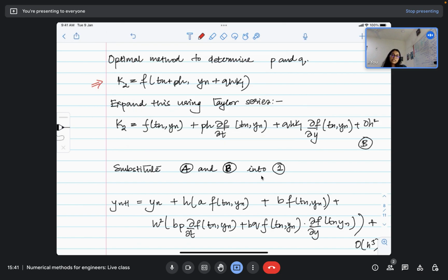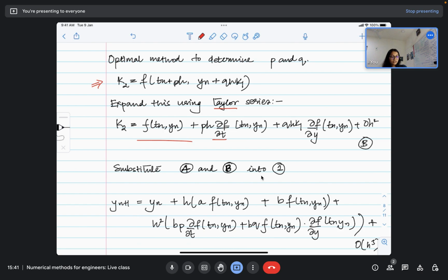Okay. Now let's use Taylor series expansion in order to expand this k2, where you will see that k2 will basically be f of tn and yn plus, when you are partially differentiating with respect to time, there are two variables here, right?